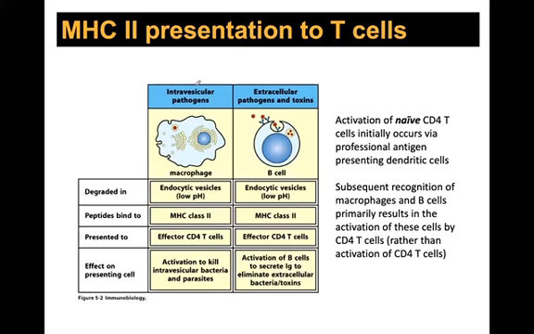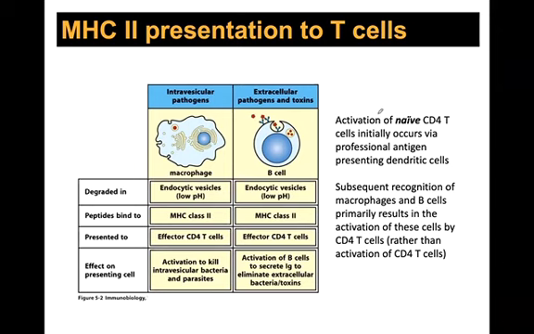The question is, what do you want it to do? Much like CD8 T cells, your initial activation of CD4 T cells has to be on professional antigen presenting cells. Now, in many books, including this textbook, they'll say, well, what are those professional antigen presenting cells?